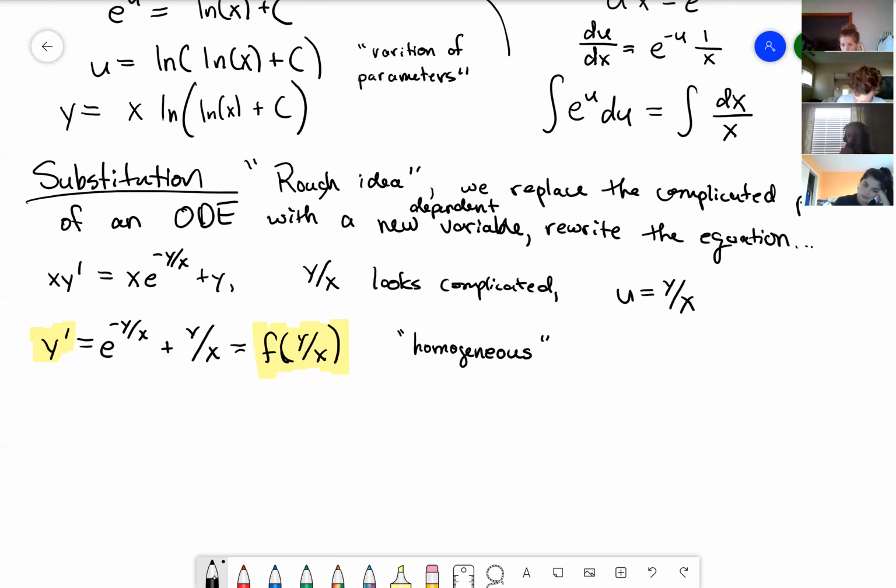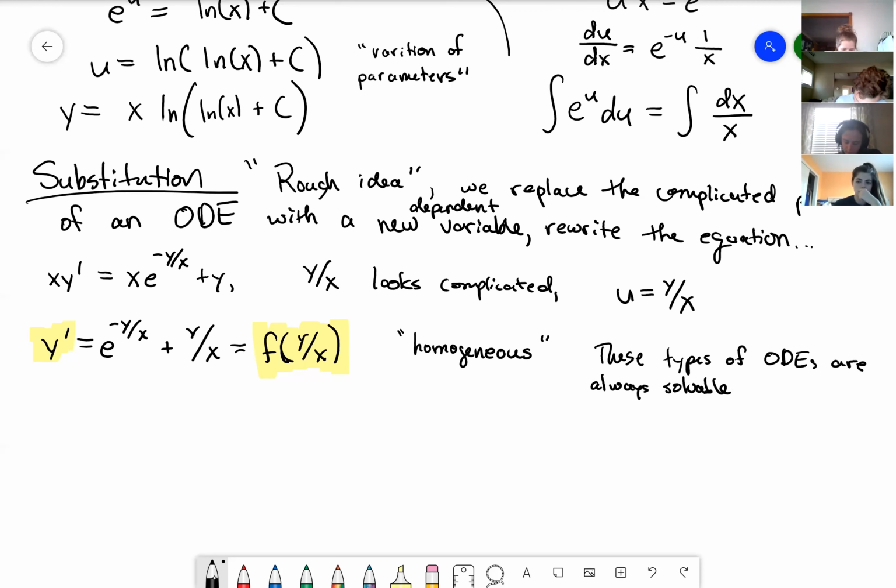In fact, these types of ODEs are always solvable. We can always find a solution, at least implicitly. We can always find an implicit solution to one of these.